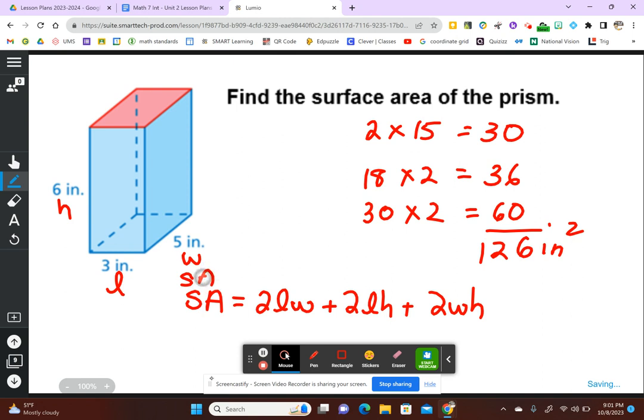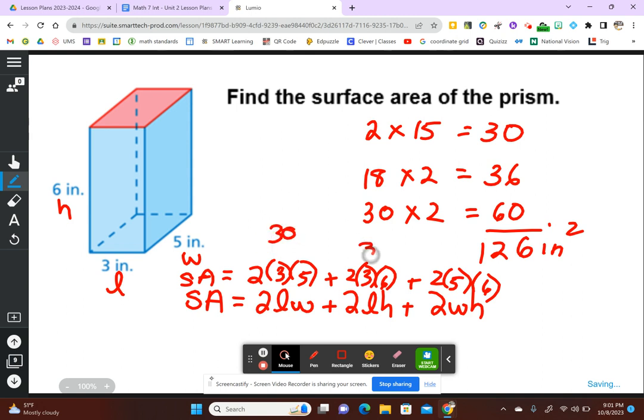If I plug it in, it'd be 2 times 3 times 5 plus 2 times 3 times 6 plus 2 times 5 times 6. This is 2 times 15, which is 30, 2 times 18, which is 36, 2 times 30, which is 60, and I still end up with the same answer of 126.